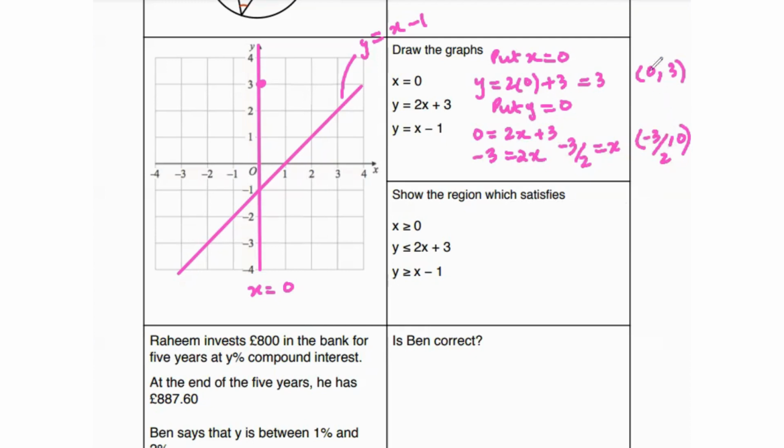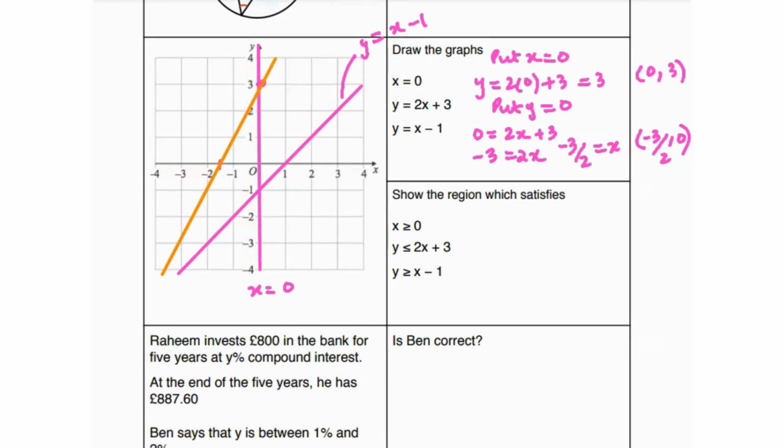That's basically -1.5, so that's going to come over here. I'm going to use a different color for this. This is our line.